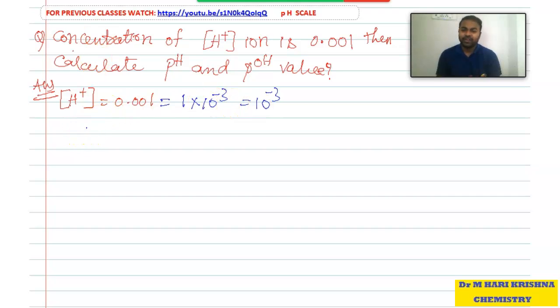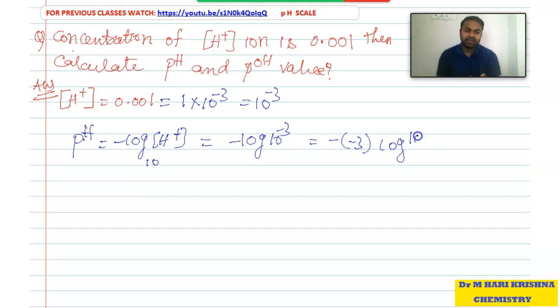So if we know H plus value, then pH equal to negative logarithmic value of concentration of H plus. So minus log 10 power minus 3. So minus into minus, we can get pH 3.